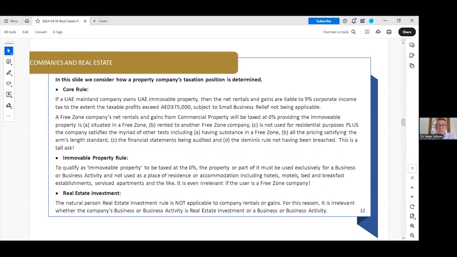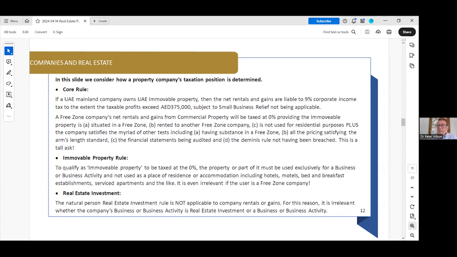In all probability, they will qualify for the 0%. But there are not many situations like that. And there will be people that will be trying to organize themselves so they do qualify, but I'm afraid that they might face the problem of Article 50, the anti-avoidance rule.